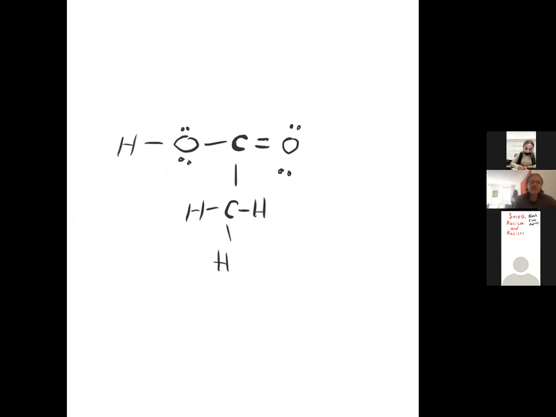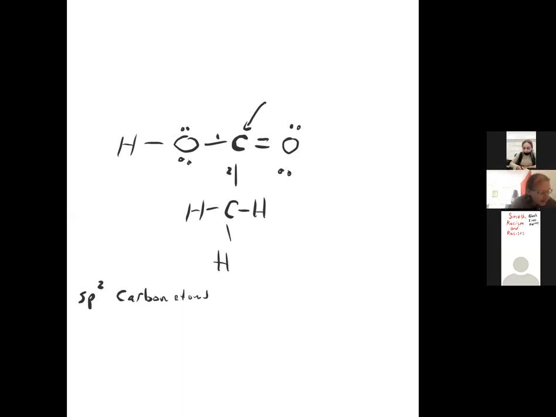Okay, so for this one, they want sp2 carbon. So how many are sp2? Okay, so you only have to do the carbons. So we come over here. There's a bond, so that's one electron domain. Here's a bond, so that's another electron domain.